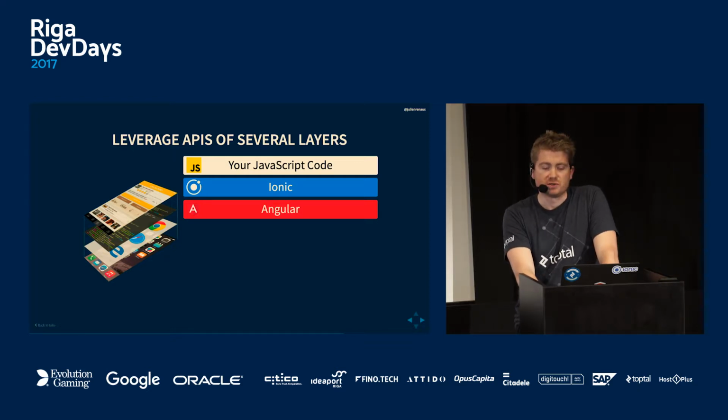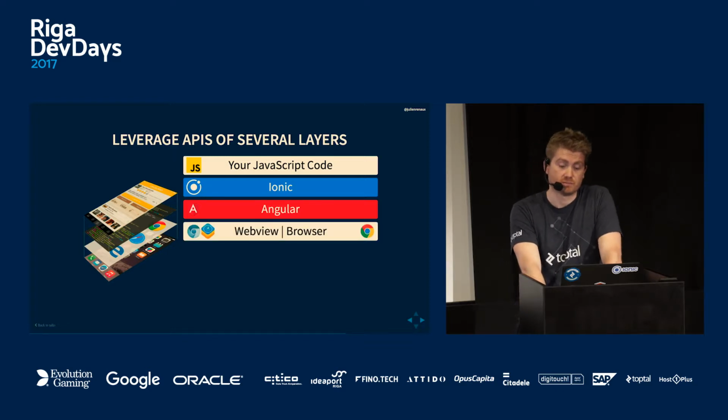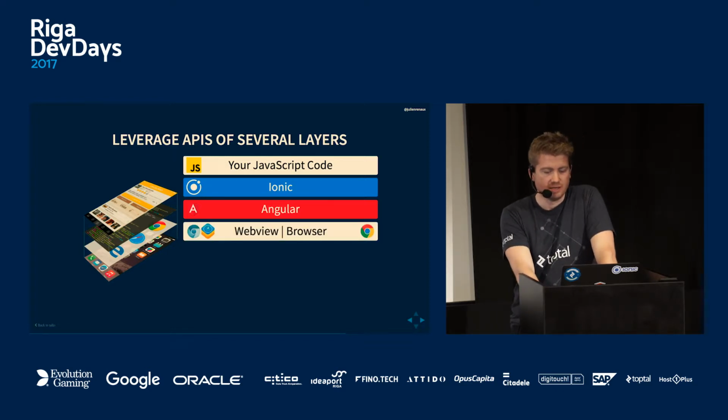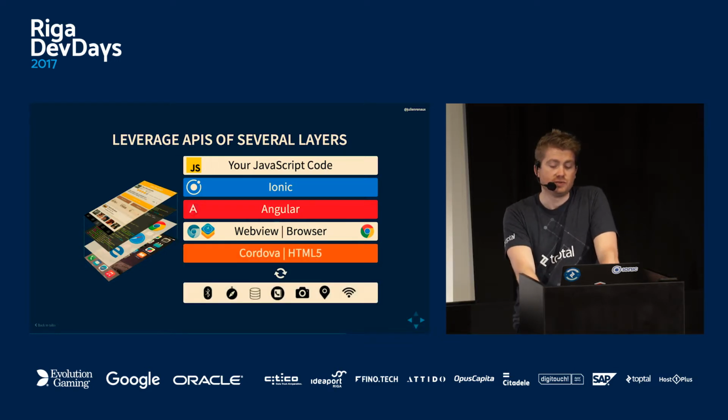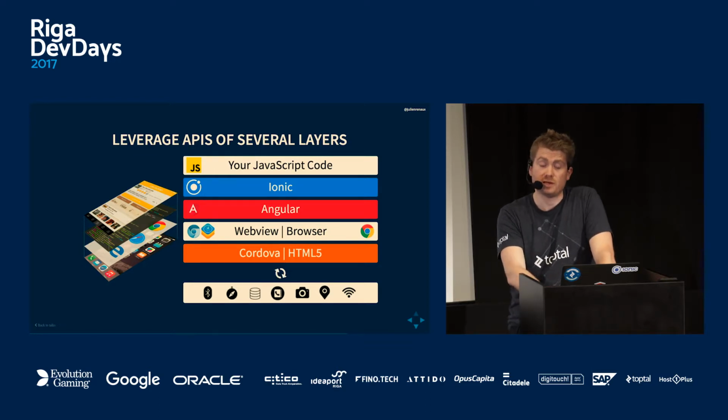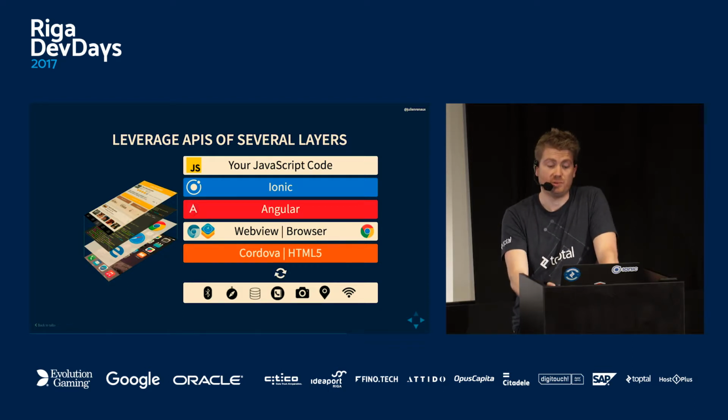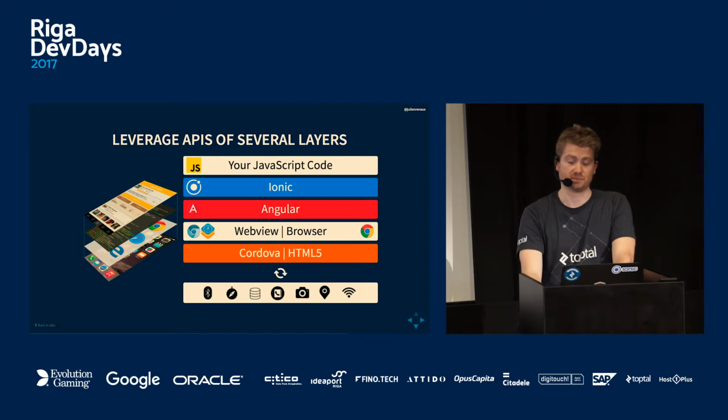Then your app runs on a web view or a browser, depending on the platform. And to interact with the device features, such as the camera, you can use Cordova if you want to build a hybrid app for iOS or Android, for instance, or you can use HTML5 if you want to build for the web. Your Ionic application has therefore access to every API needed to build a complete application.